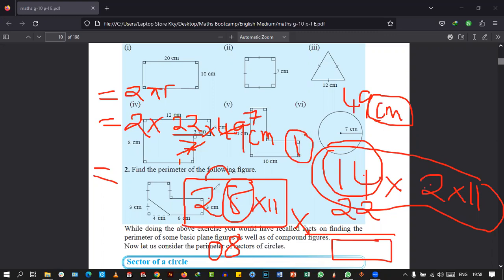And then we have to take the first digit and write it as it is, but I cannot write it as 2. Why? Because I have to add this remainder to that digit. So it will be 3, not 2. That is the answer, 308, right? So 308 centimeters is the answer.